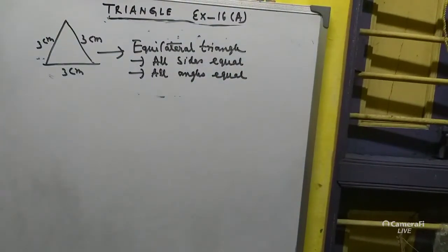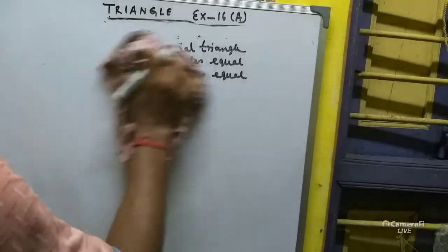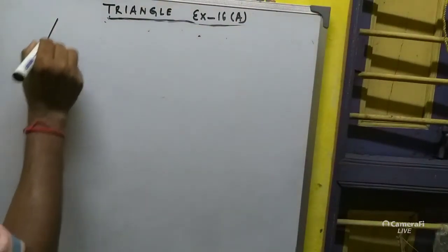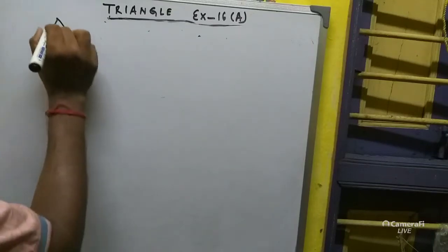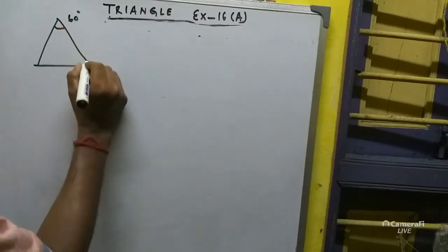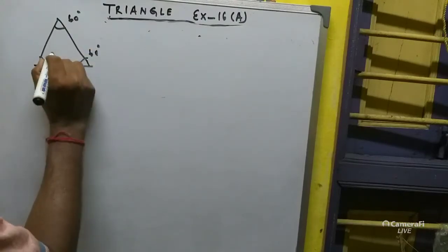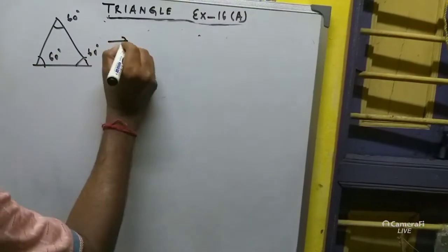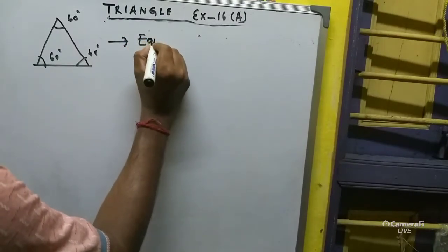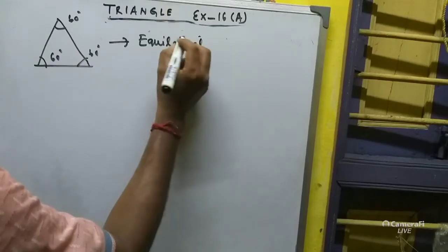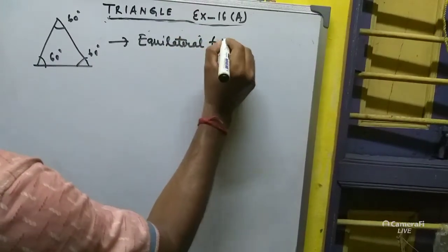So this is the property. The next ones are very easy, you have the idea now, I think. This is 60, 60, 60. All angles are 60 degrees. So this triangle is called an equilateral triangle.